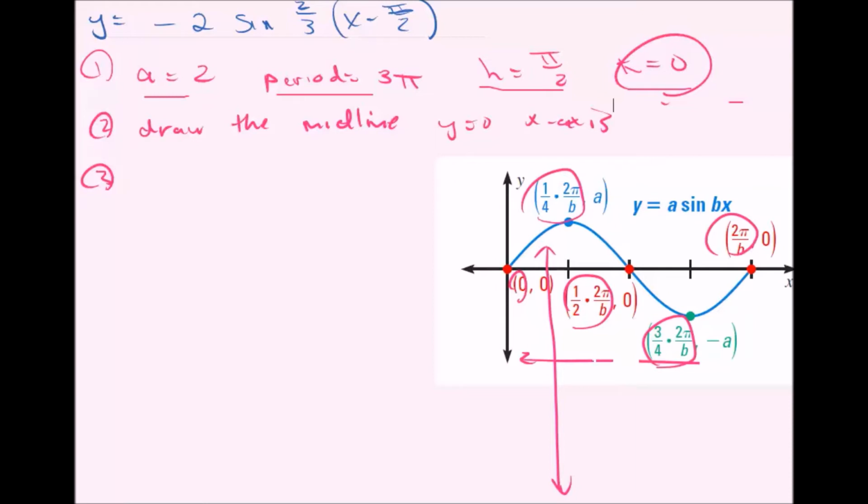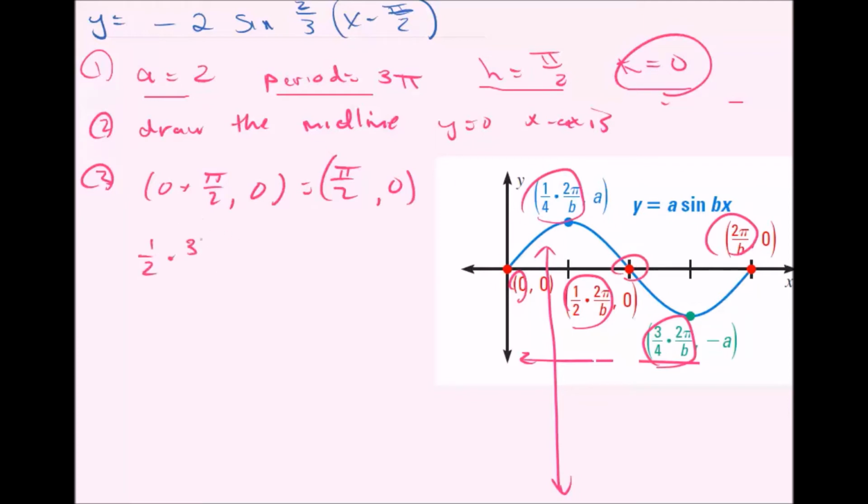And I'm just going to go ahead and do that. So the first point would be 0, 0, but it's really 0 plus pi over 2, 0. So it's just 0 plus pi over 2, 0, which is equal to pi over 2, 0. That's our first point. Let's find this one in the middle. It's 1/2 times the period.